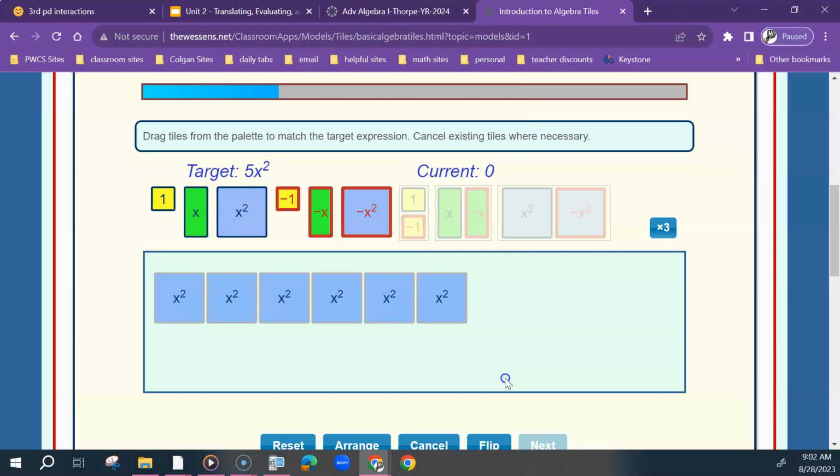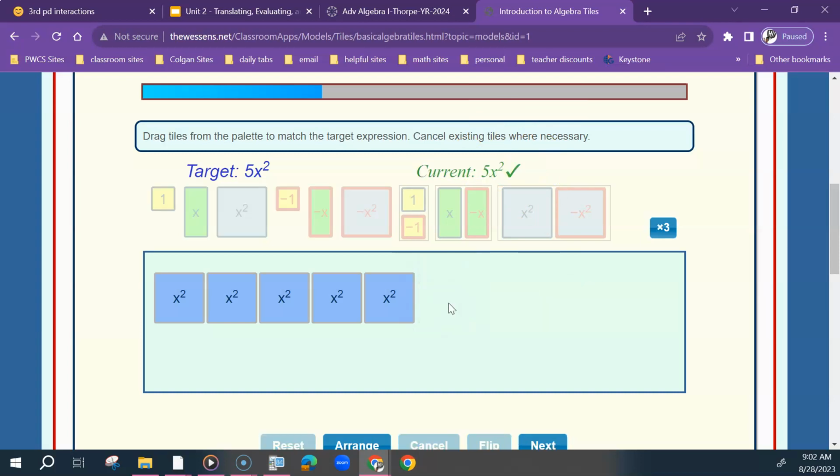How many 0 pairs would we make? 1. Just 1. It tells you what we're doing, the 6x squared minus 1, and then we cancel out that 1. Alright, so now that we have a gist of how to model and what 0 pairs are, let's talk about our actual notes.